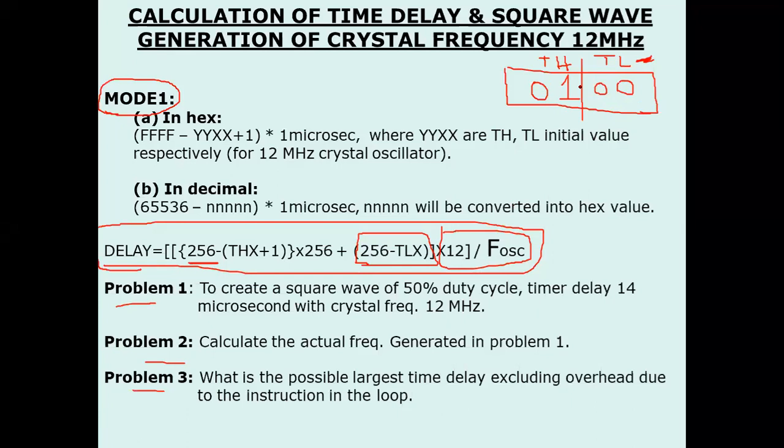Sir, TL will be incremented 2 times. First when it was FEH, then it would become FFH, and then one more increment becomes 00. But initially TH was only 00H, and it was incremented only once, sir.